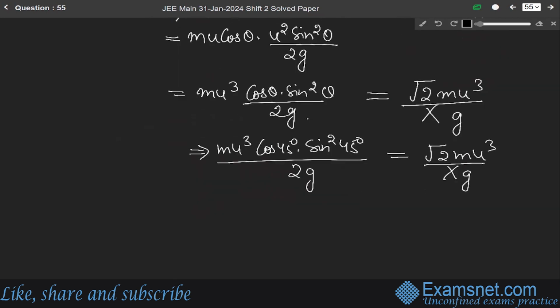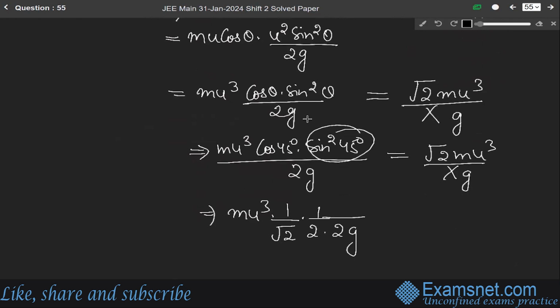Cos 45 and sin 45 are 1 by root 2. So it will be m u cube, 1 by root 2 into 1 by 2 into 2g. So it will be equal to root 2 m u cube over xg.